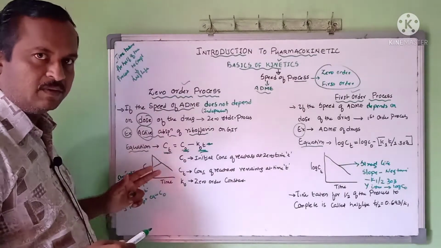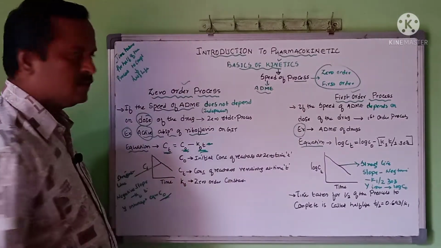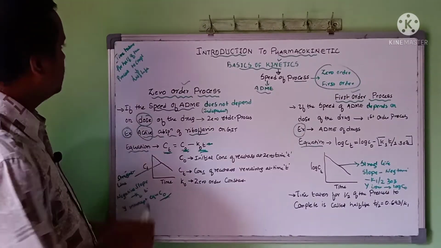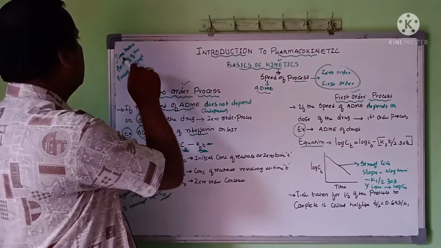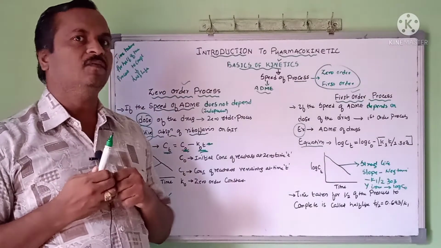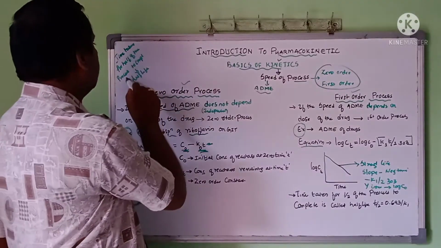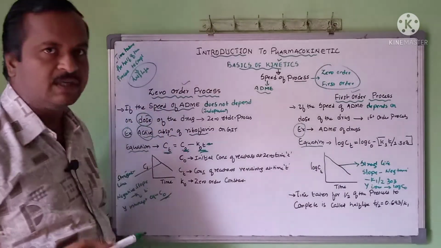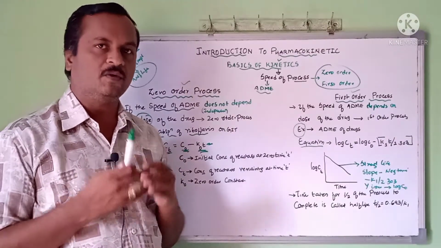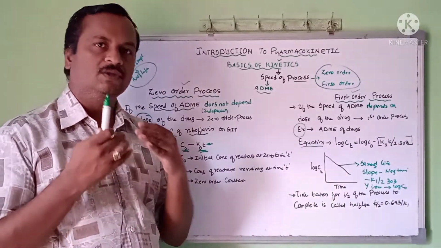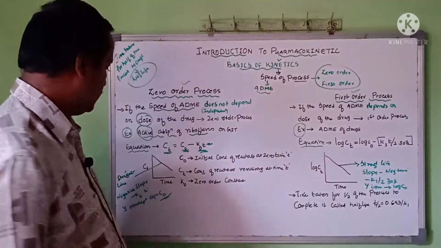When you intercept the y-axis, you will get C_0. For any reaction process, the time taken for completion of half of the process is called the half life. What is a half life? Half life मतलब half of the reaction process हो जाता है, उसको बोलते हैं half life of the particular drug.